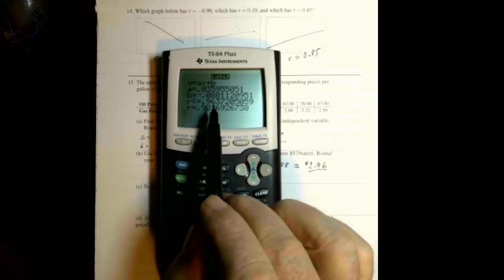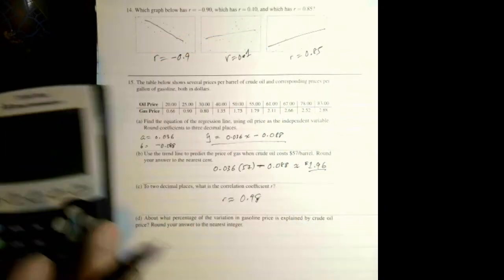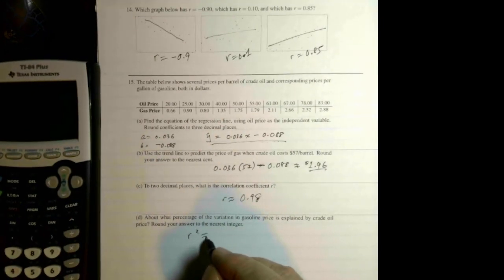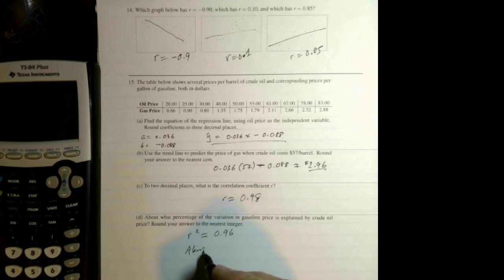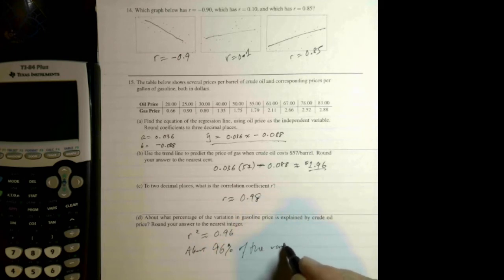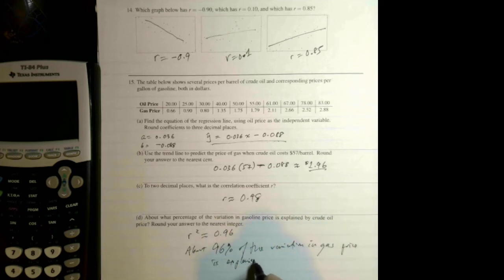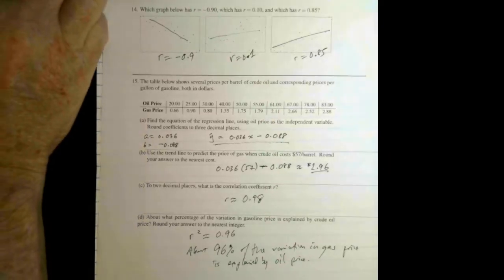R squared is about 0.96, which means that about 96% of the variation in gas price is explained by oil price, which is what you'd hope for, right? The gas price ought to track the oil price pretty closely, or someone is fooling around with the prices.